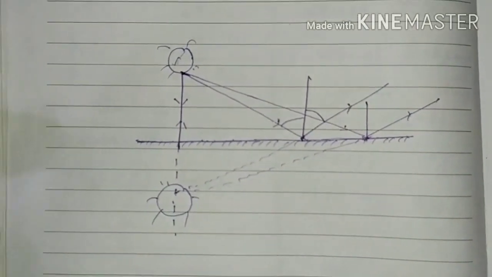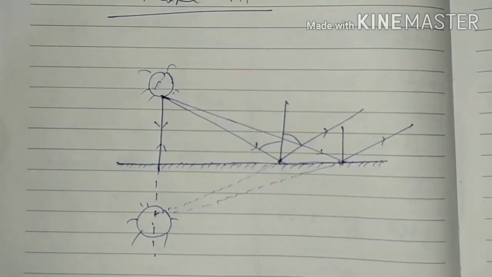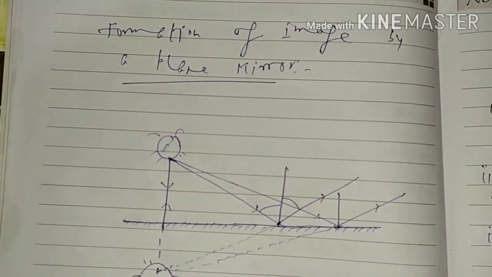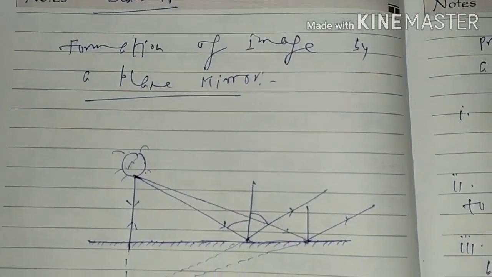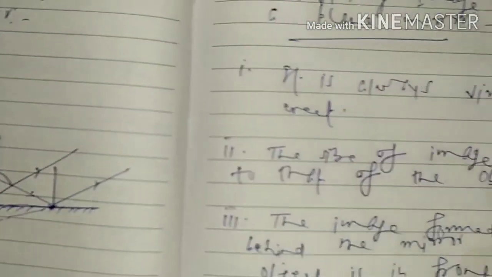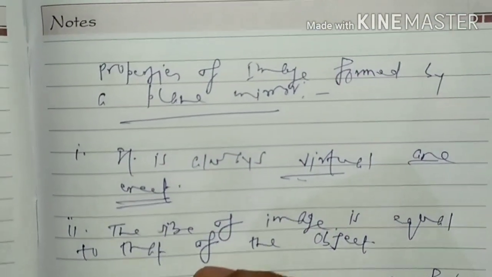Now with the help of this concept, we can understand the properties of images formed by a plane mirror. First, the image is always virtual and erect. What is the meaning of virtual and erect?